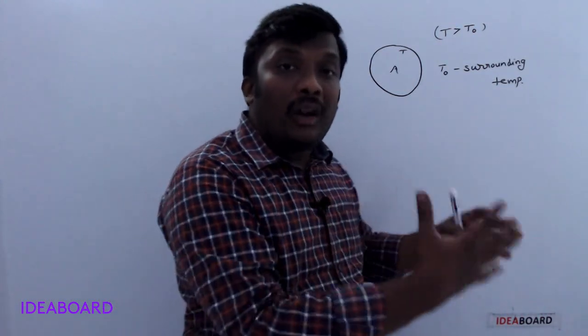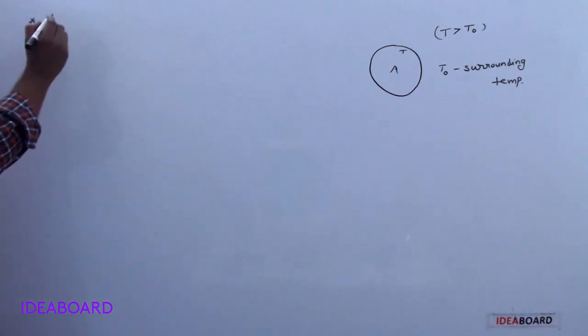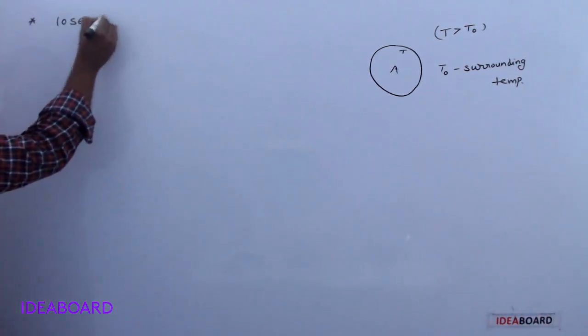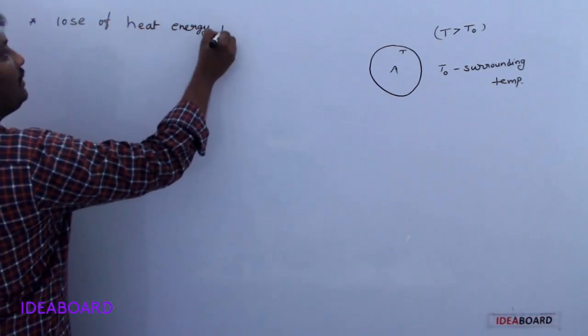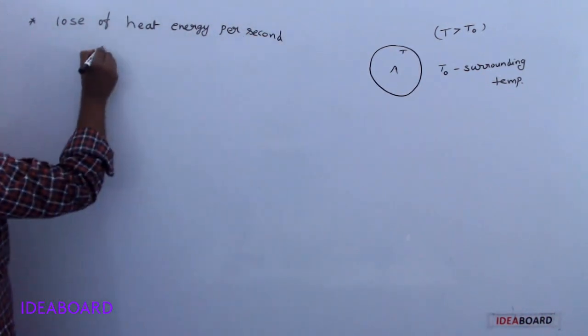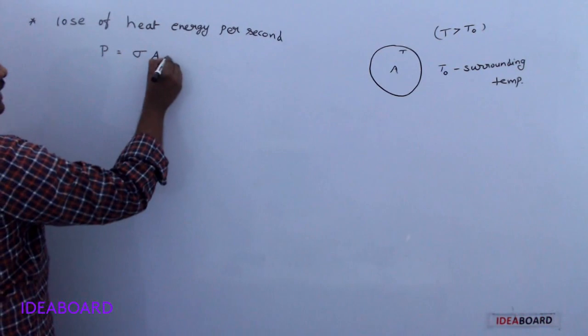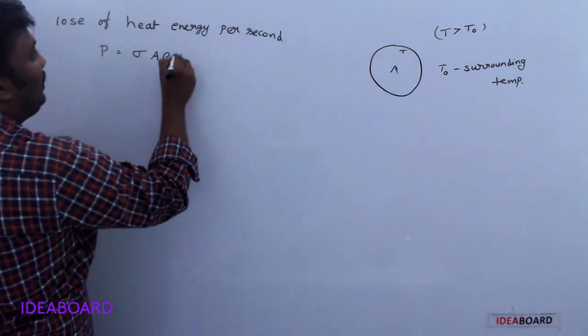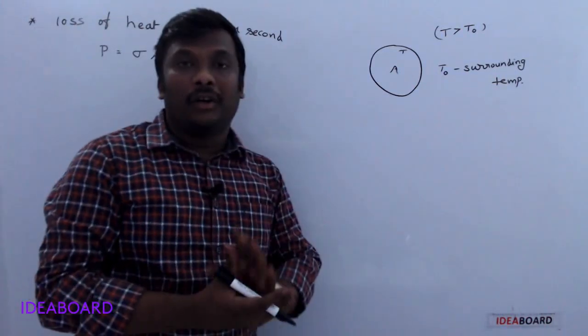So the loss of heat energy per second, nothing but P, is P equal to sigma A e T power 4, the temperature of the body. This is the loss of heat energy per second by the body.